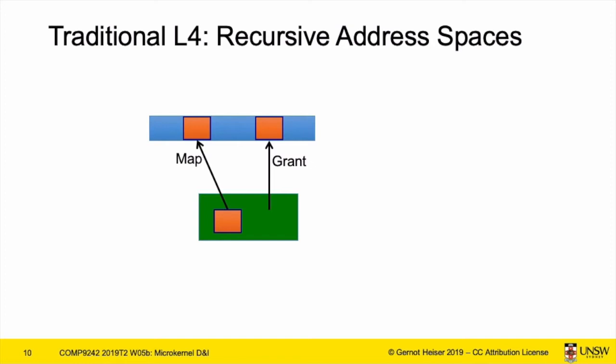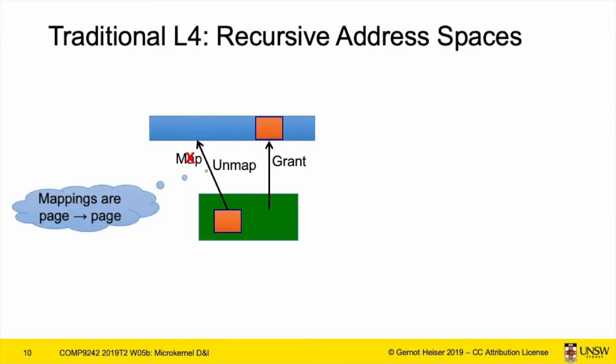And these are general mechanisms with which you can do all memory management in principle. The unmap you can undo, the grant you can't, because then you lost the thing. The fundamental conceptually neat model is that mappings are from virtual page to virtual page. And of course you need something to bottom this out.